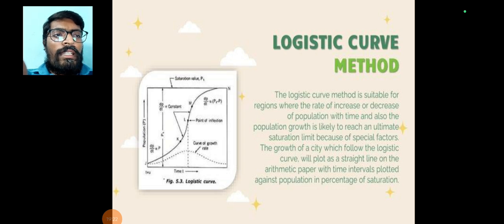The logistic curve method is suitable for regions where the rate of increase or decrease of population varies with time, and also where population growth is likely to reach an ultimate saturation limit because of special factors. The growth of a city which follows the logistic curve will plot a straight line on arithmetic paper, with time intervals plotted against the population percentage of the saturation.